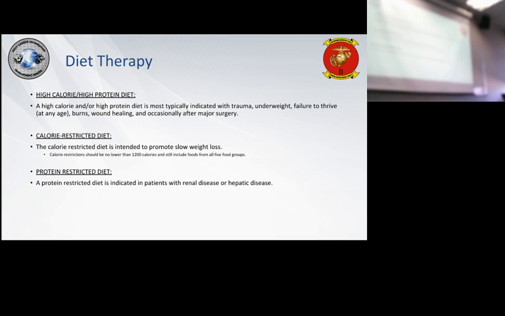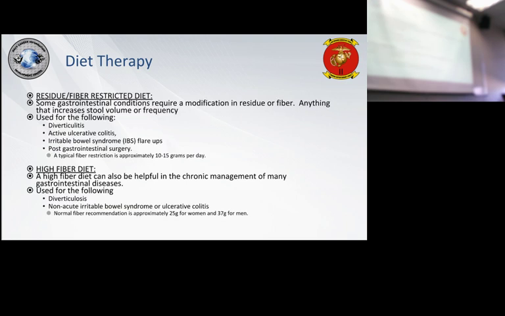High calorie, high protein diet. Calorie restricted diets promote weight loss, of course. Protein restricted diet helps treat patients with renal disease or hepatic disease. Why wouldn't you want a lot of protein if you have somebody with a renal disease? Kidneys.